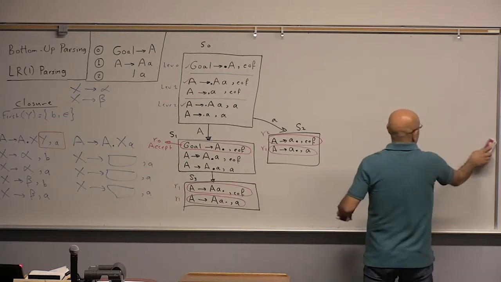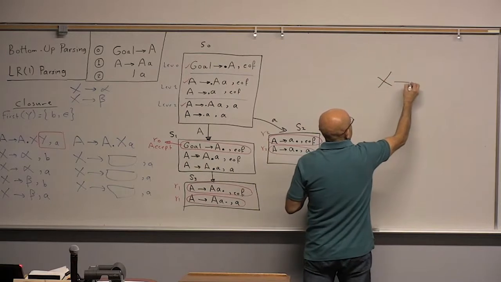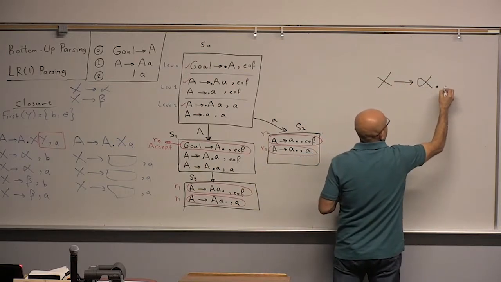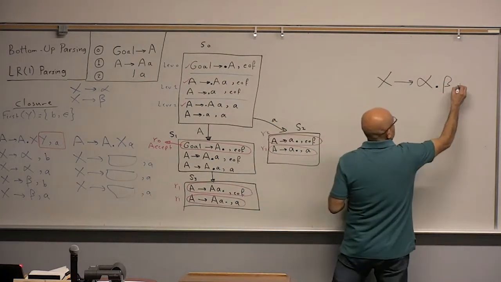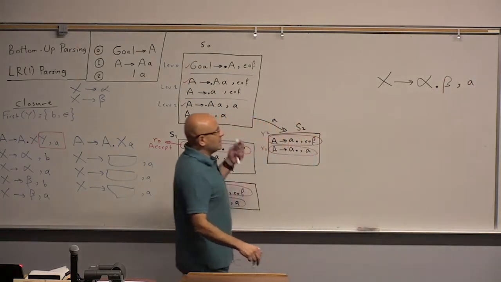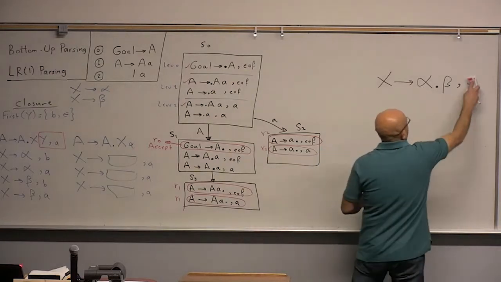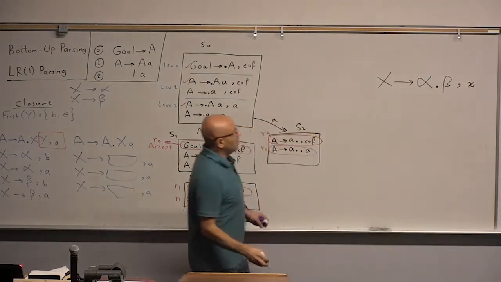So generally speaking, when you have X is alpha, placeholder, beta, and here you have the look ahead, which is not necessarily a. You can call it little x. What does this mean?